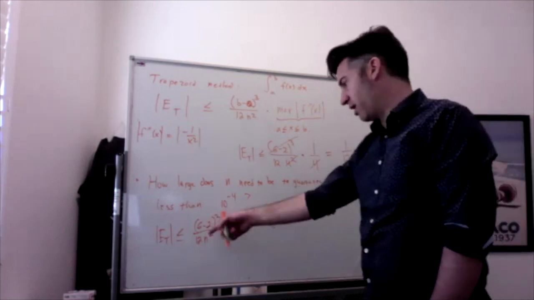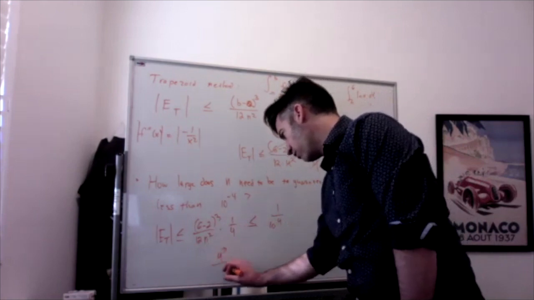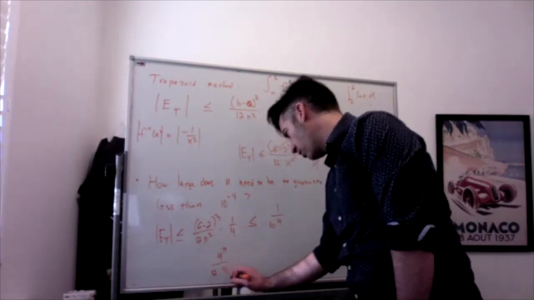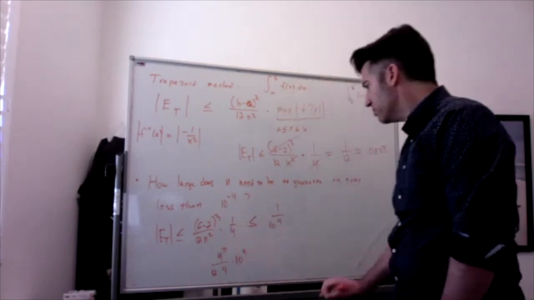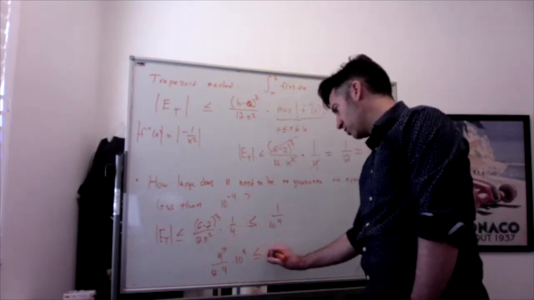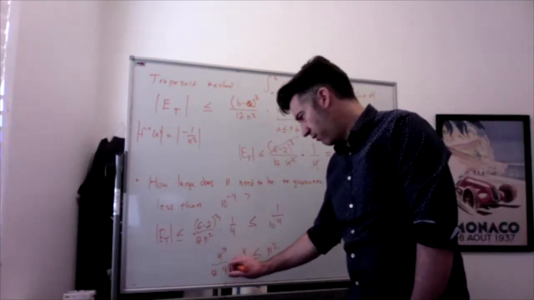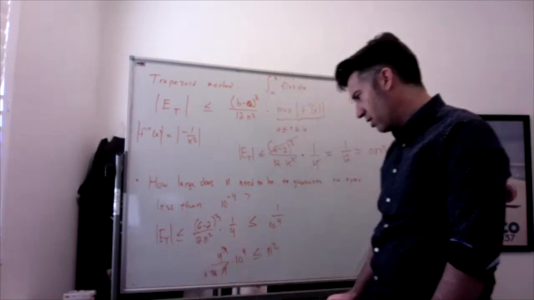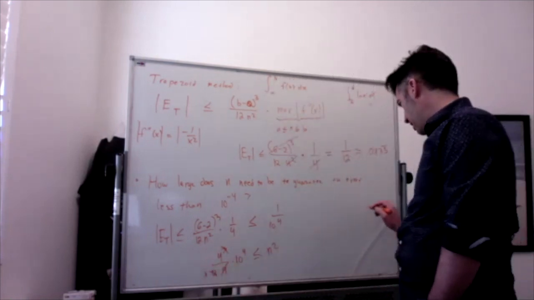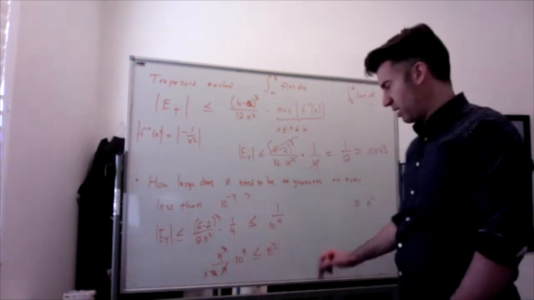So I'm going to say, and then I'm going to simplify a little bit too. So here I've got 4 cubed over 12 times 4 times 10 to the 4th should be less than or equal to n squared. I can cancel a 4 here and a 4 here and a 4 here. So I really have that n squared needs to be bigger than or equal to 4/3 times 10,000.